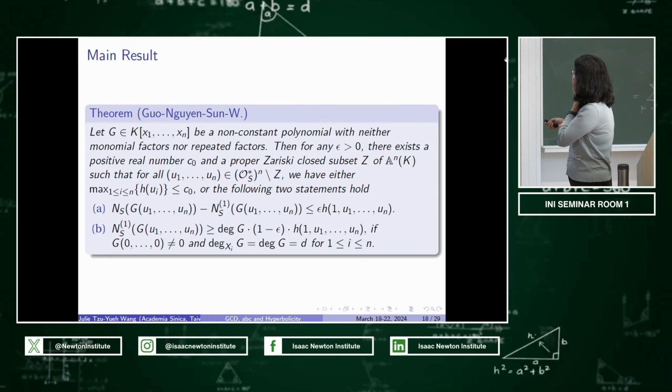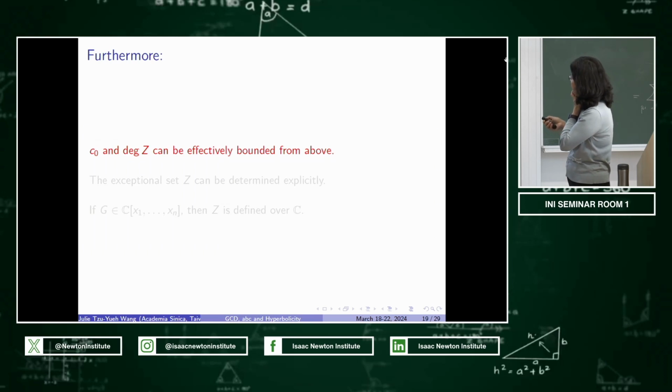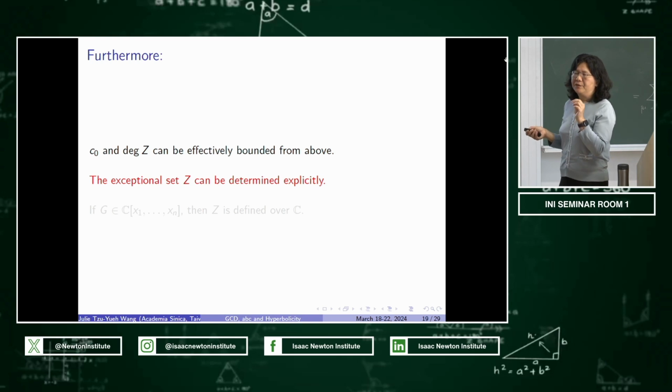Okay, and moreover, for function field, the things should be effective. And so this C0, the degree of Z, can be effectively bounded. And this exceptional set can be formulated explicitly, meaning there is a way to compute them.